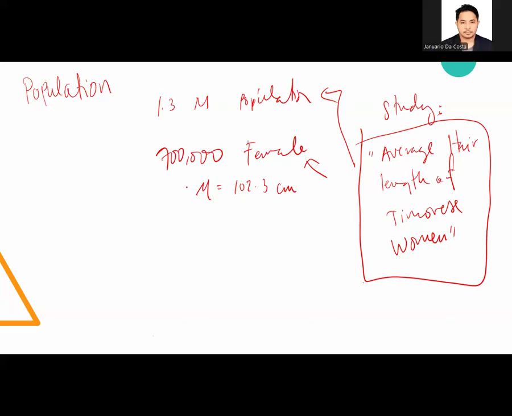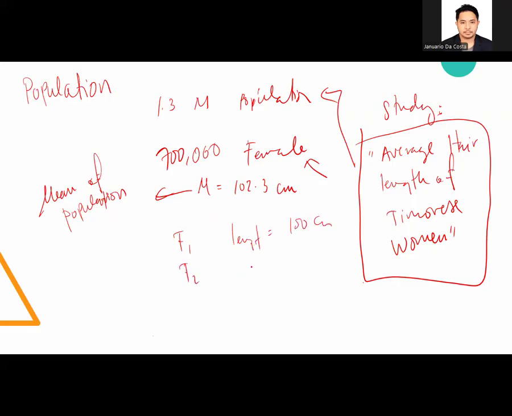This is a mean of what? The mean of the population, right? Because you take the mean from each individual of the 700,000. So female 1, for example, hair length 100 centimeter.